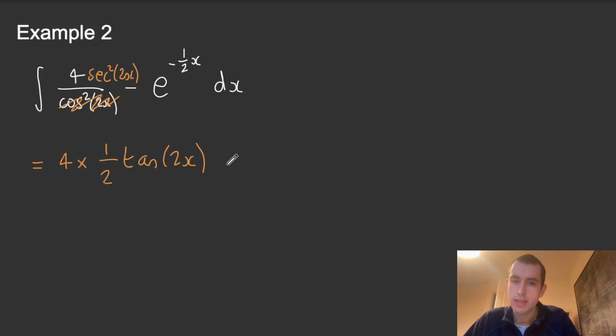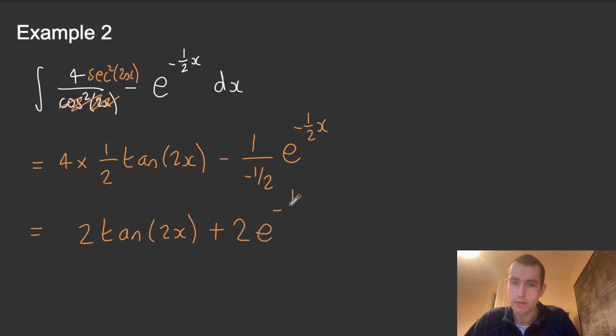Now we get to the e, minus 1 over k, in this case k is minus 1/2, and then the power of e stays the same. 4 times a half is 2, and if I cancel out the 2 negatives and bring the 2 to the top, this is our final answer.